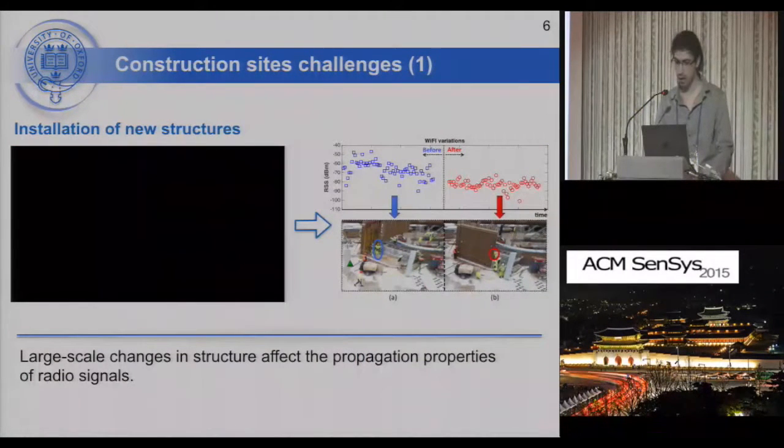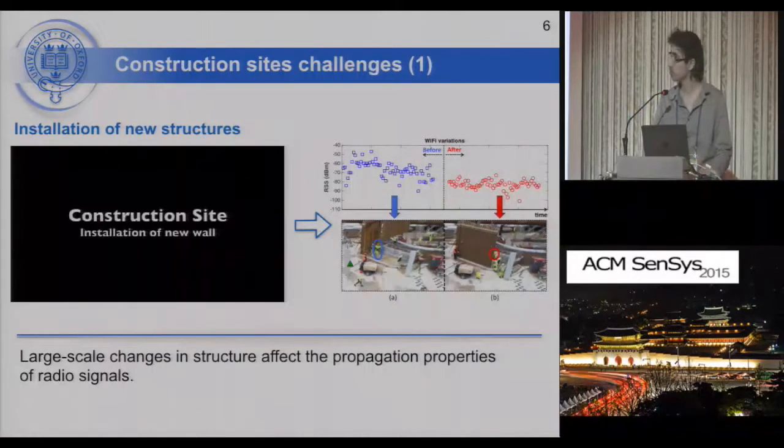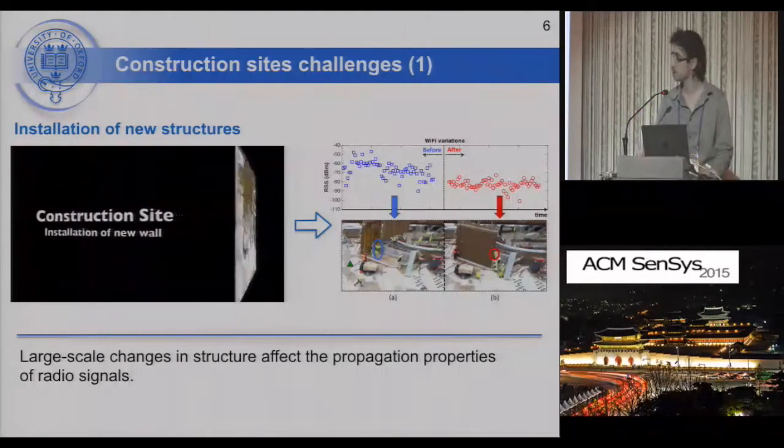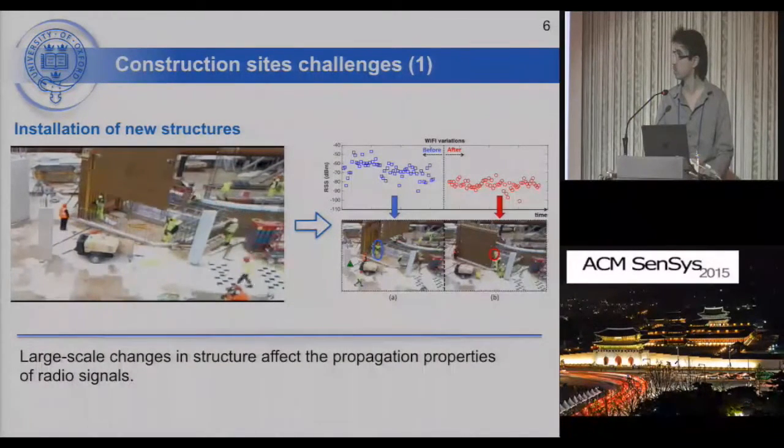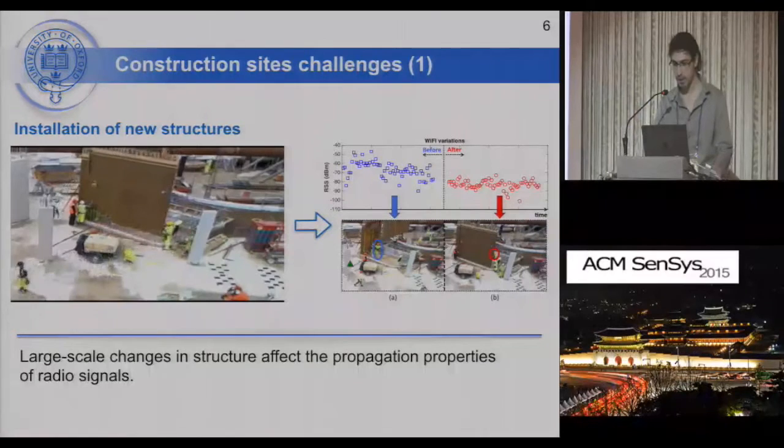And let me show you a few examples. So in this video, we can see the installation of a new wall. You can see that the environment constantly changes, and basically in the next figure, we can see the received signal strength from one access point for a particular worker before and after the installation of the wall.